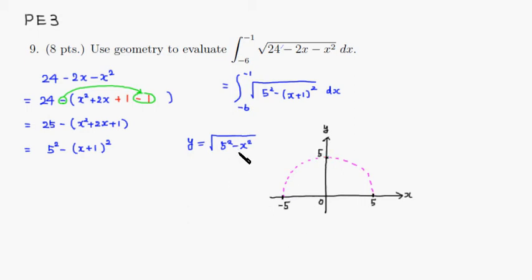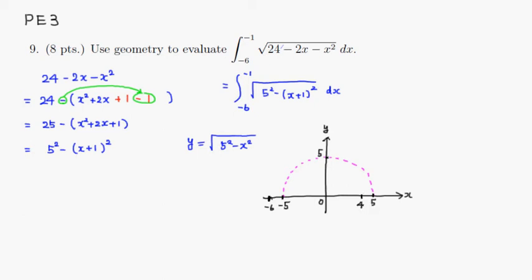The difference between this and what we are interested in is right here, x plus 1 inside the parenthesis. This is just a transformation, a shift, actually adding 1. So it's going to shift the whole thing to the left by 1 unit. So instead of starting from -5, it's going to go through -6, and it's going to go through 4 there.